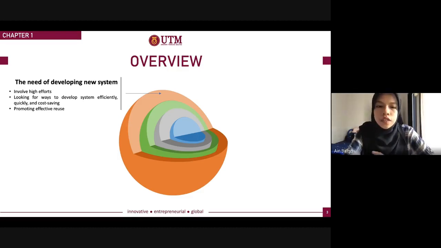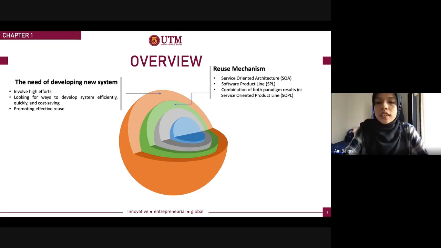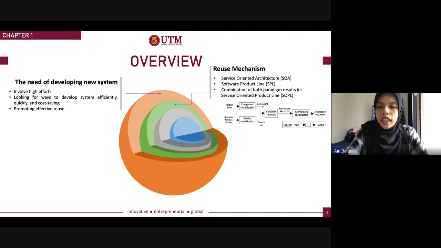Therefore, to achieve feasible, quick and cost-effective system development, as well as to promote effective reuse, a systematic reuse approach must be adopted through two reuse mechanisms: service-oriented architecture and software product line. SOA allows flexible application composition quickly and cost efficiently, while SPL fosters the development of core assets through systematic reuse.